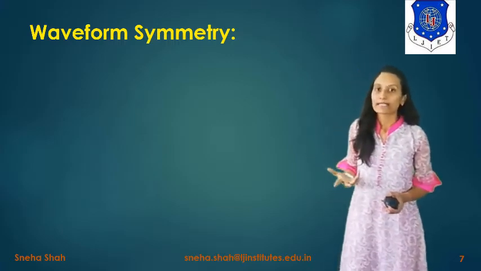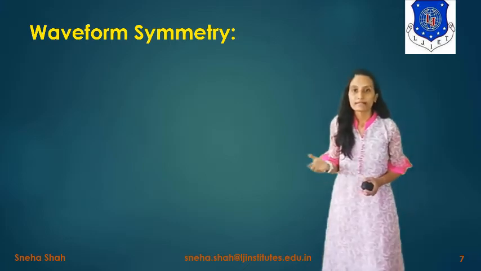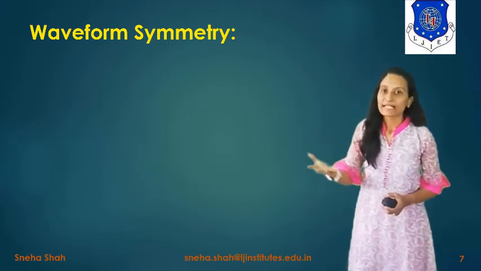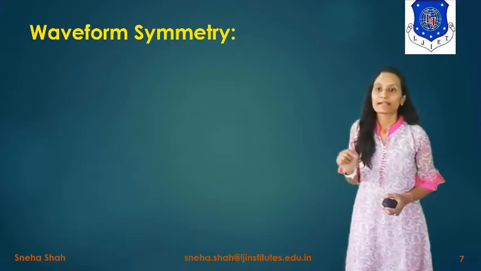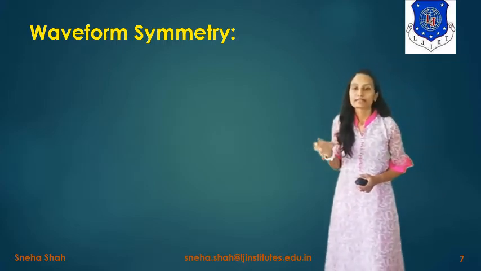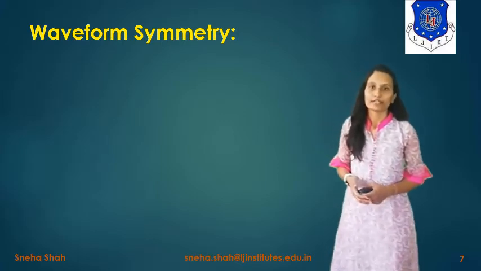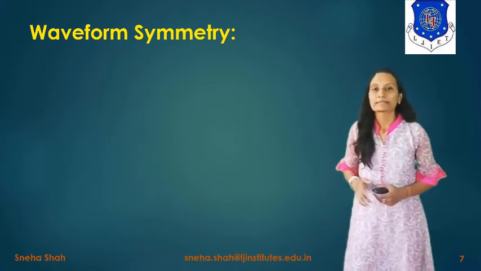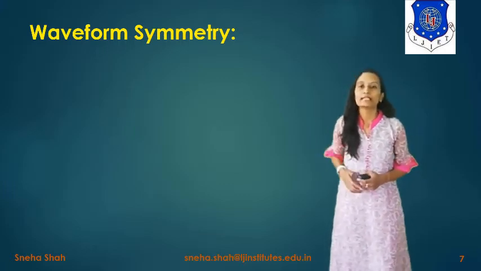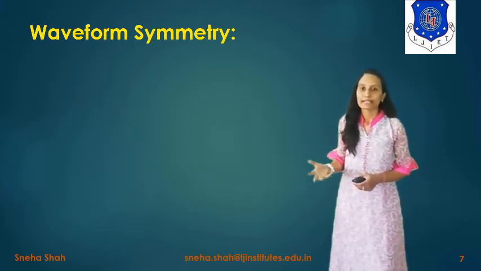In waveform symmetry we check whether the given signal is an odd signal or an even signal, and based on that odd or even symmetry we can skip some of the coefficients and solve the example. So basically waveform symmetry is used to reduce the complexity of the mathematical calculation of the Fourier series.